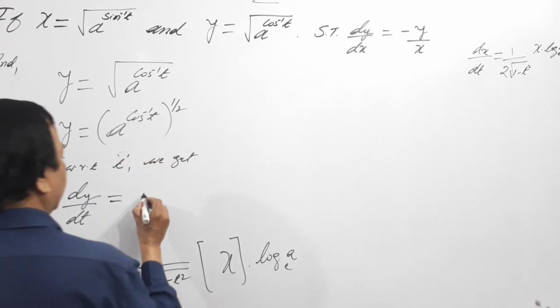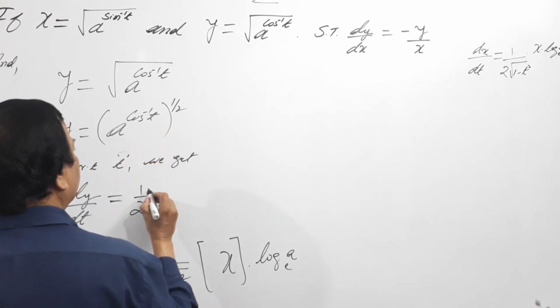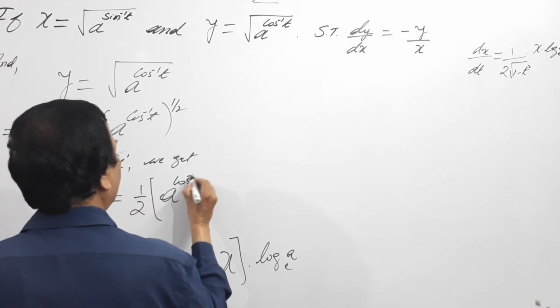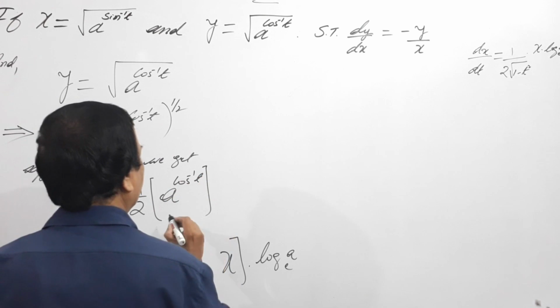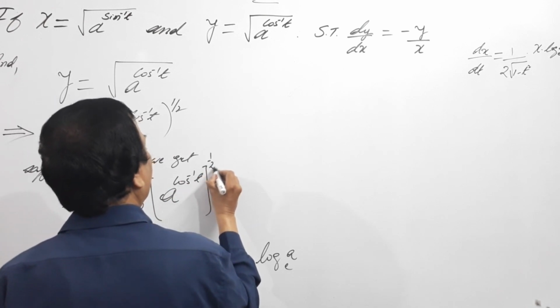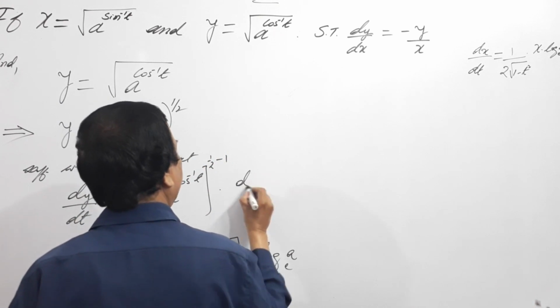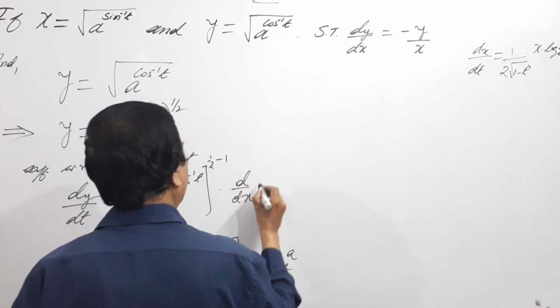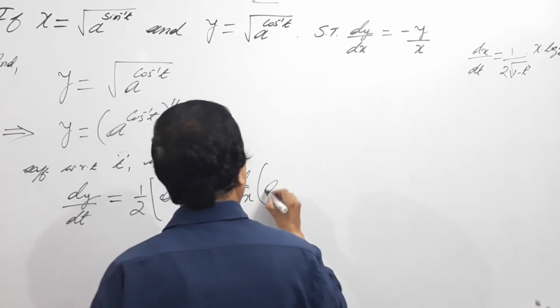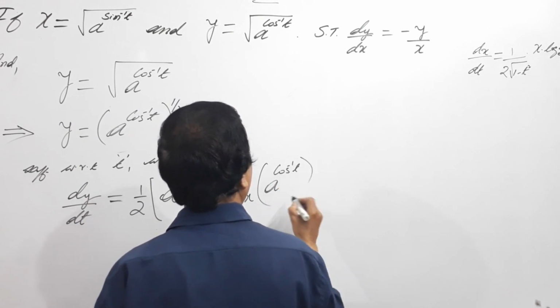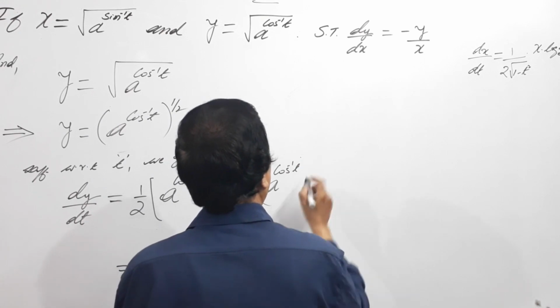So this becomes half into, I'll put a bracket, a to the power of cos inverse t to the power of half minus 1 into d by dx of a to the power of cos inverse t.